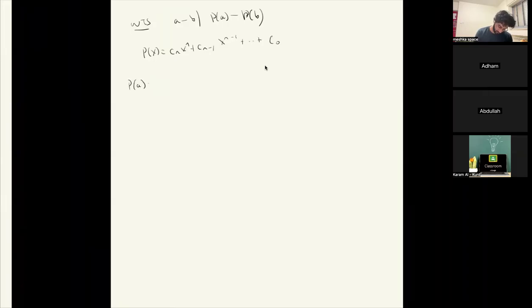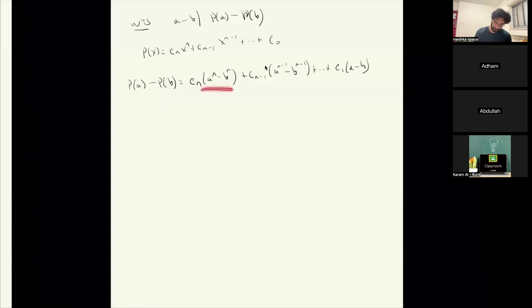P of A minus P of B, we can group the terms like this, right? We can group it as Cn times A to the n minus B to the n, plus Cn minus 1 times A to the n minus 1 minus B to the n minus 1, all the way to the last term, which will be A minus B. And the C0 terms will cancel. So now we're basically done, right?